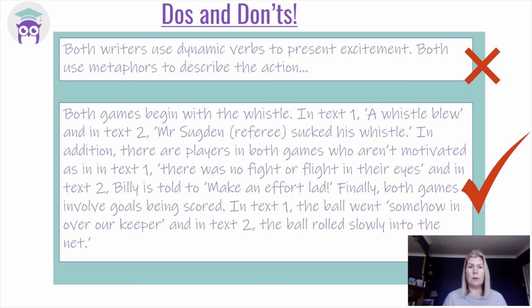If you just went, both games include a whistle blowing and Mr. Sugden sucked his whistle, you're not going to get the full marks. They want you to actually make a specific, precise point about the similarity and then nip in your quotations. So make sure you've got 3, no reference to metaphors, rhetorical questions, anything like that. Just simply, what's the similarity? Here are the 2 quotes. Lather, rinse, repeat 3 times. Easy way to get 6 marks, right?